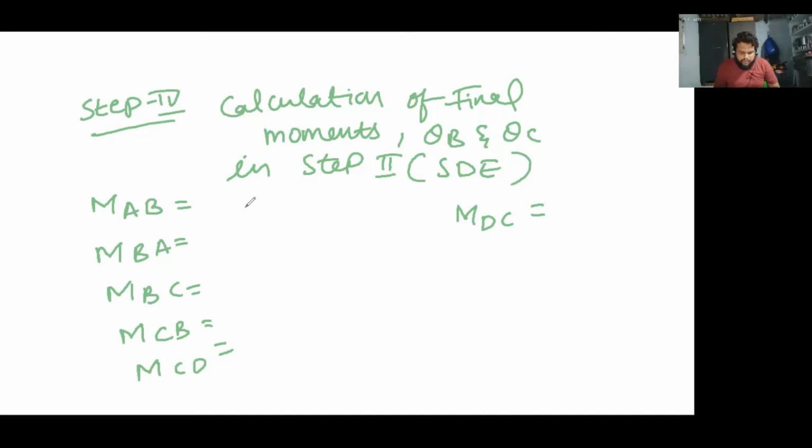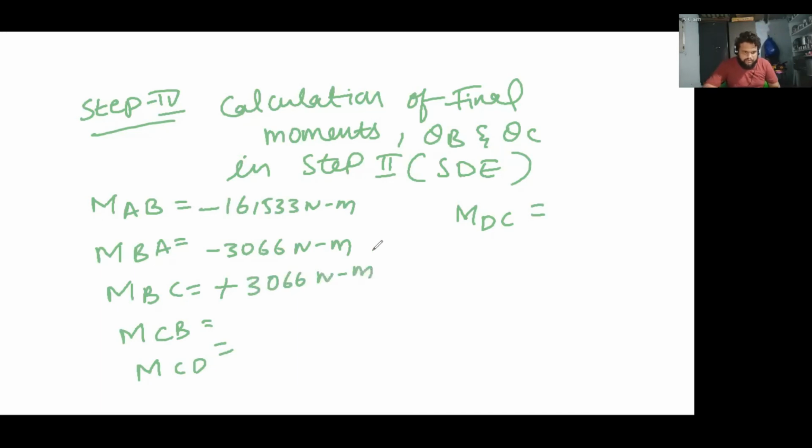Once after substituting the values, you will be getting the final values. What is MAB? MAB will become minus 16,533 Newton meter. MBA is nothing but minus 3,066 Newton meter. Next, once MBA is minus 3,066 Newton meter, your MBC will become plus 3,066 Newton meter.